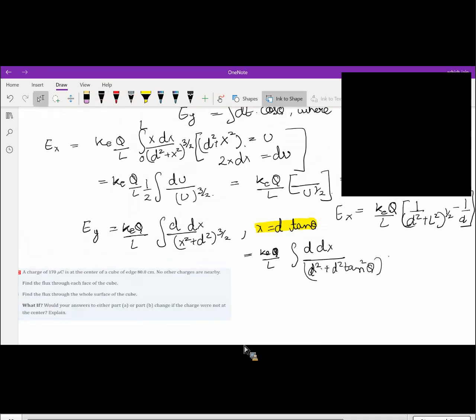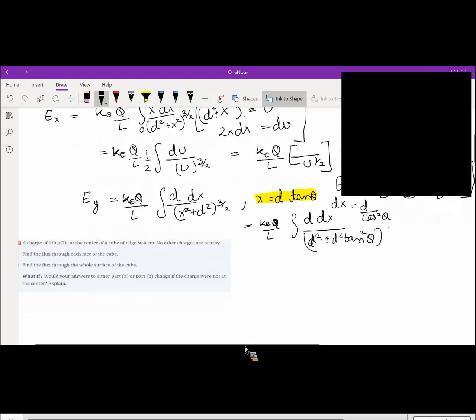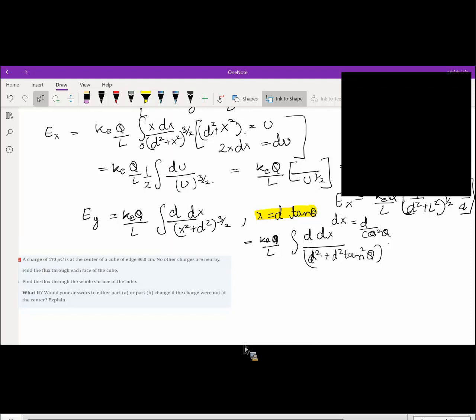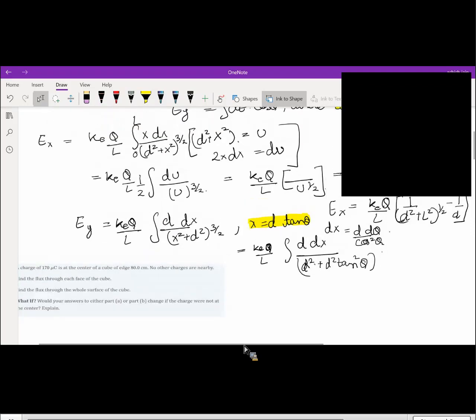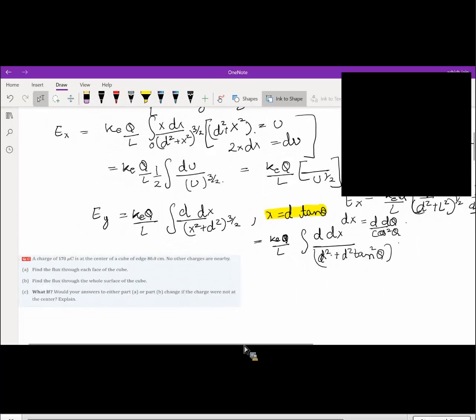Also, if x equals d tan theta, then dx equals d by cos squared theta d theta. Now k q d by l, d theta by cos squared theta.